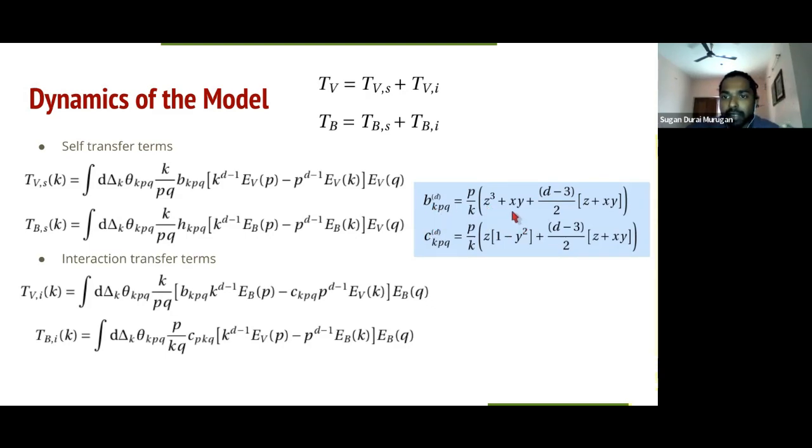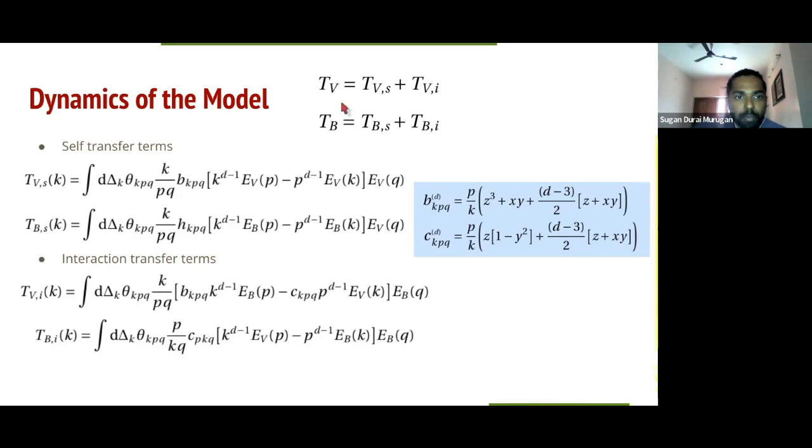The z, x, y are basically the cosines of angles formed by a triad in these nonlinear triadic interactions. But the take-home point is that we can see that d clearly stands as a parameter which can be set to values between even to non-integer values.